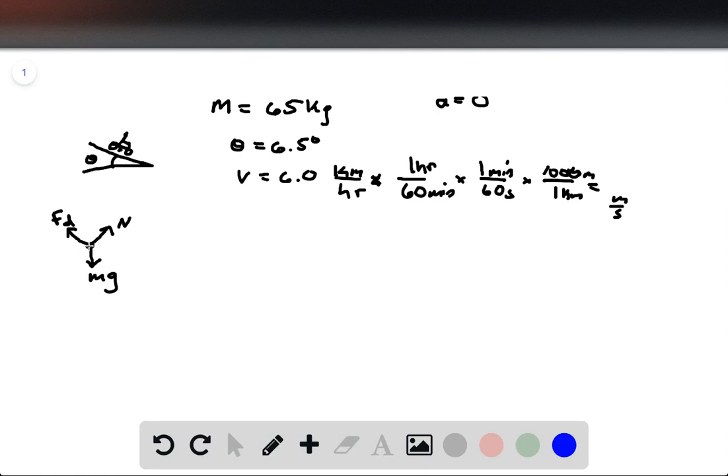And we can create our coordinate system so that two of the forces are along the axes. We know that this angle here, this green line being the horizontal, and this blue line, the x-axis, being along the road, which is at an angle. You can see that this is also theta, and this is a 90-degree angle.